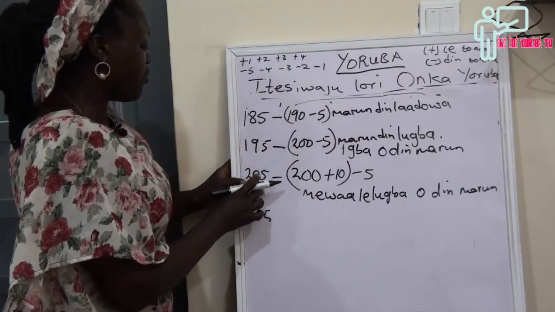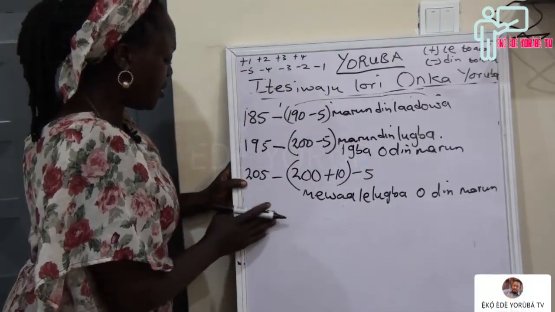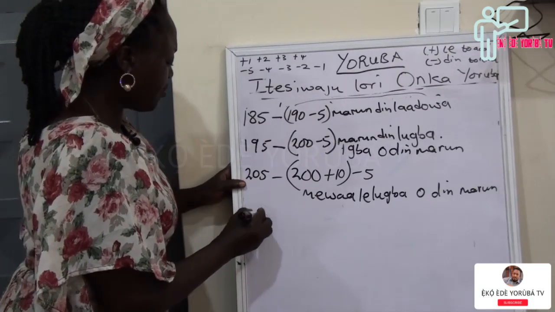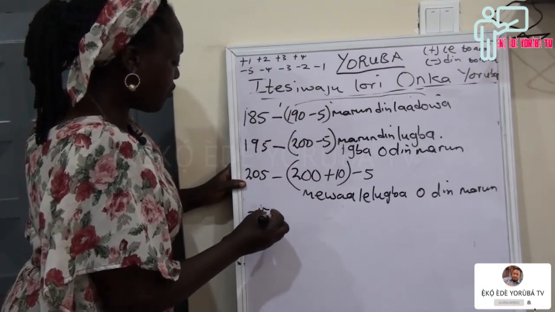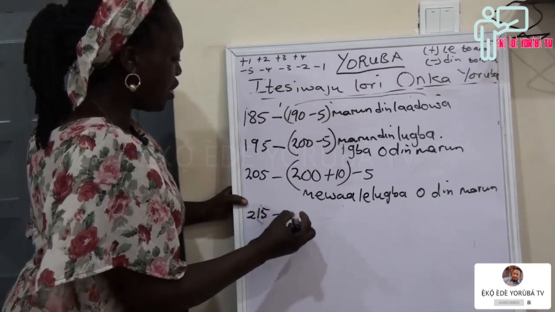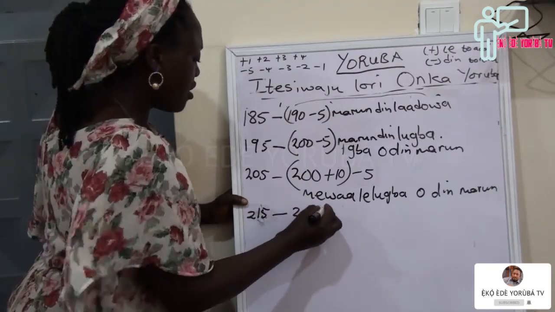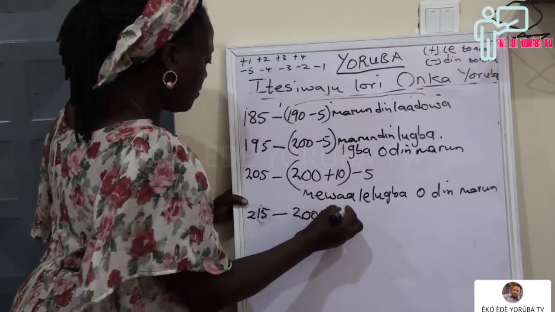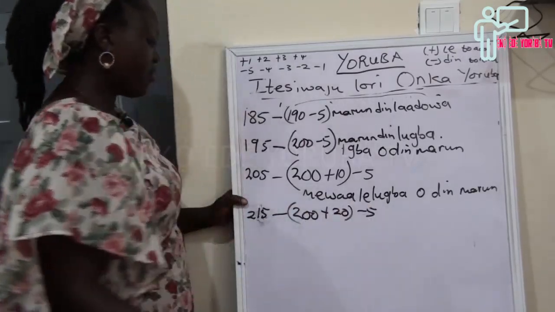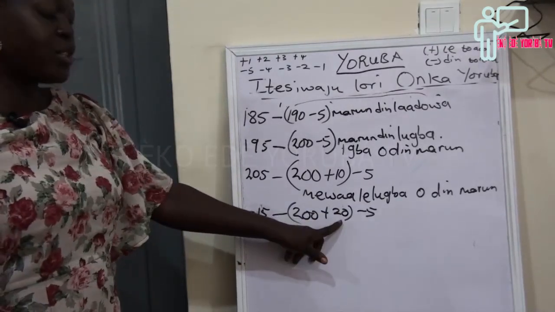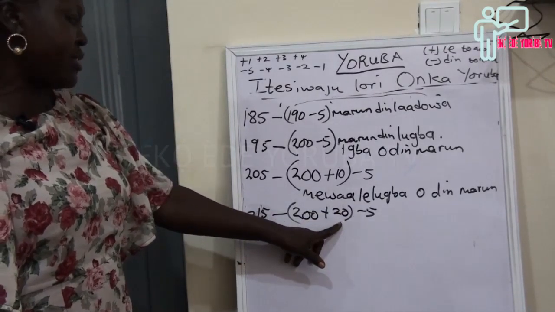We have 205, then 215. So it will now be 200 plus 20 minus 5. So it will now get back to oko, we are talking the other time.